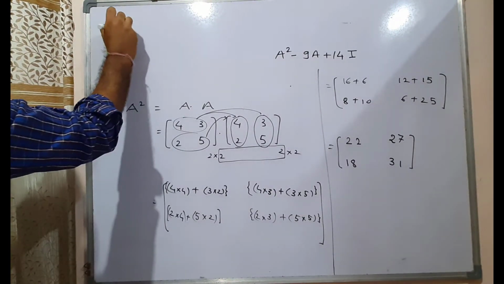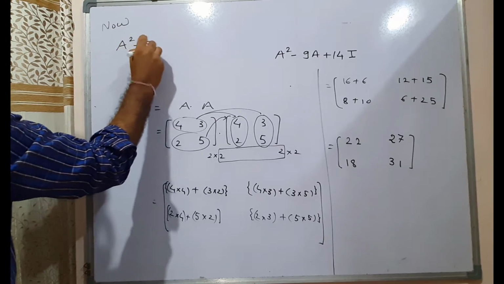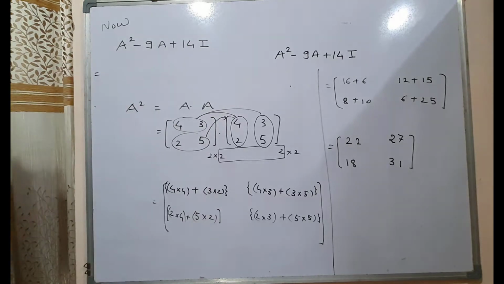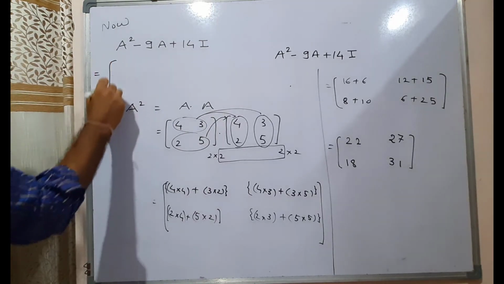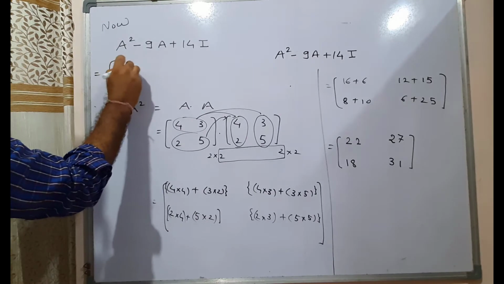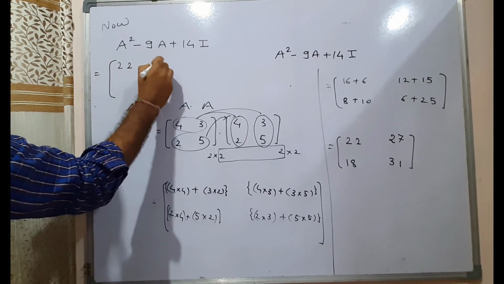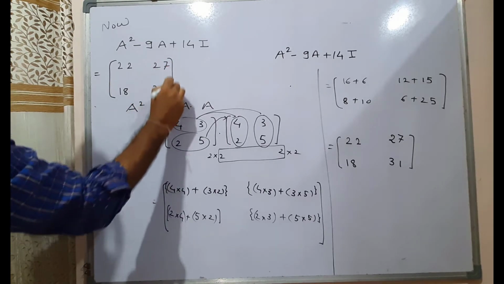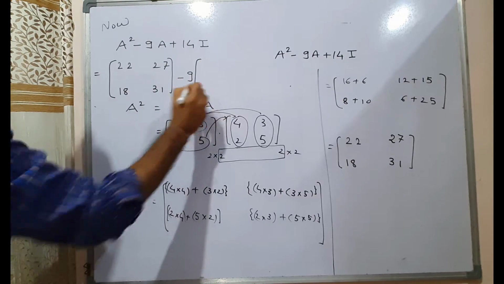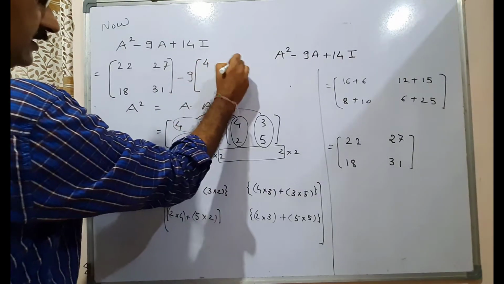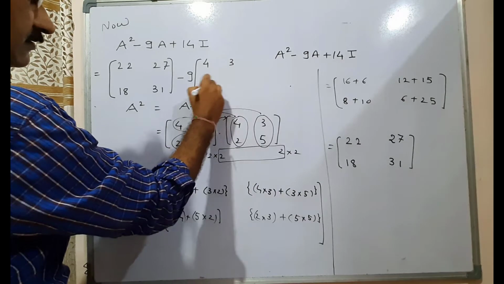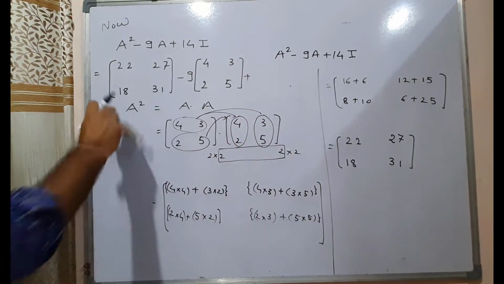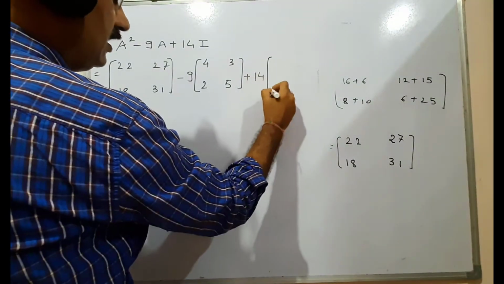Now we find A square minus 9A plus 14I. Instead of A square, we write down the matrix 22, 27, 18, 31, minus 9 into A, that is the matrix 4, 3, 2, 5, plus 14I.